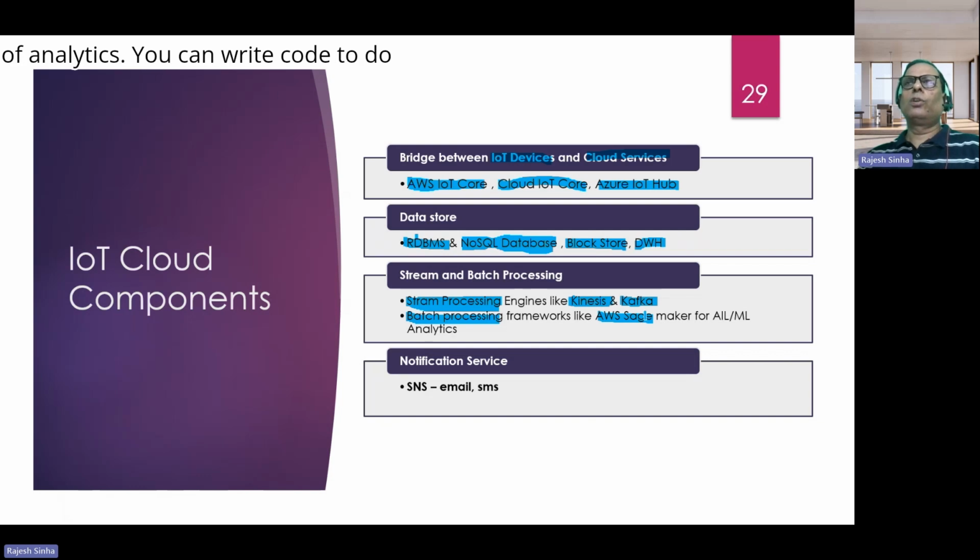You can write code to do analytics. You can run your artificial intelligence and machine learning models on SageMaker. So SageMaker basically provides you a very convenient ecosystem for doing batch processing. If you want to do batch processing using the Spark engine, it can be very easily done on SageMaker. If you want to do processing using AI/ML analytics, that can be very easily done in AWS SageMaker.